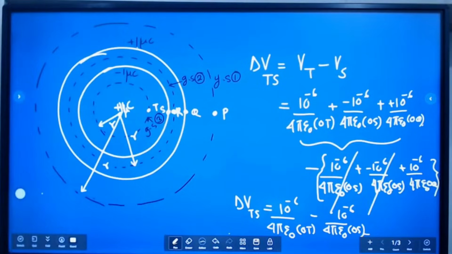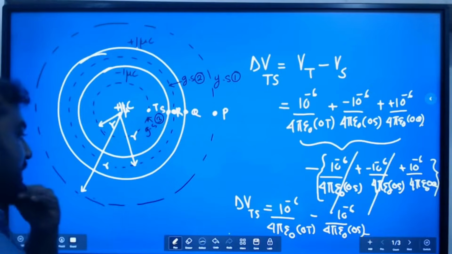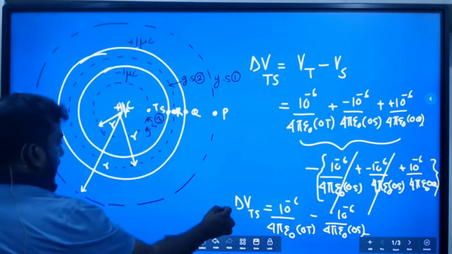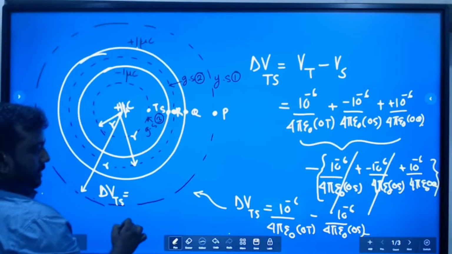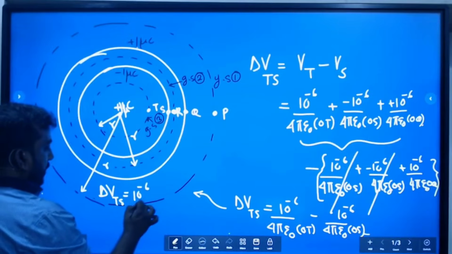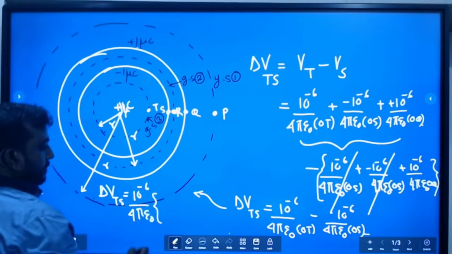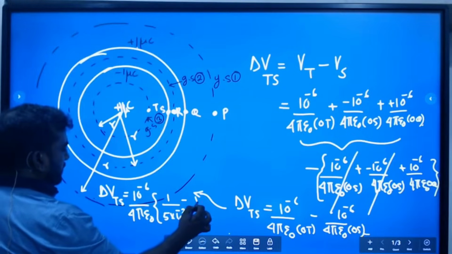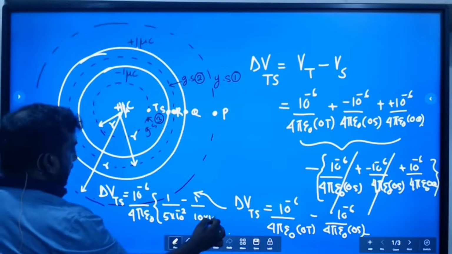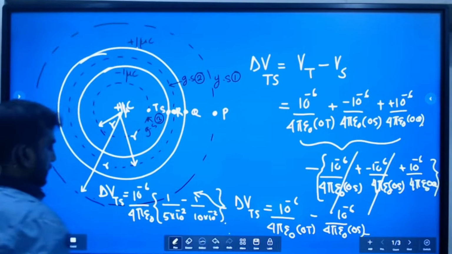The OT and OS distances are known. OT is 5 and OS is 10. So let me find the potential difference. 10^-6 is common, and 4 pi epsilon naught is common. OT is 5 centimeters, convert to meters. OS is 10 centimeters, convert to meters.